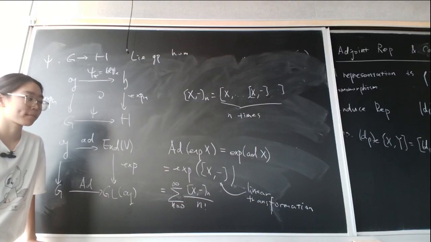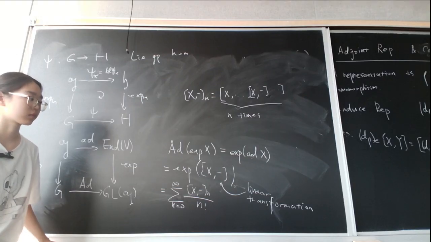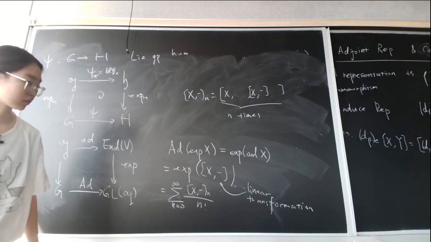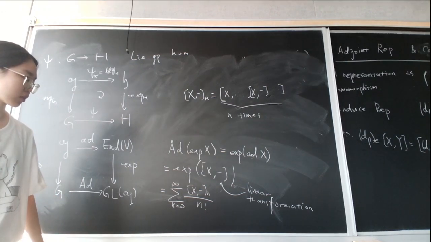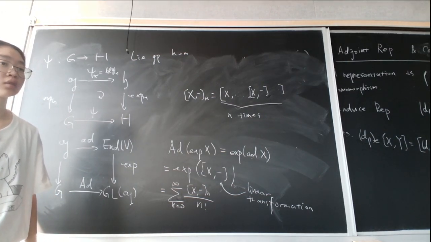Okay, but that's essentially just the nested commutator with x n times. Yeah, and so yes. But then how does this look in a more conventional way that people write this? Apply this to a vector. Apply this to it.